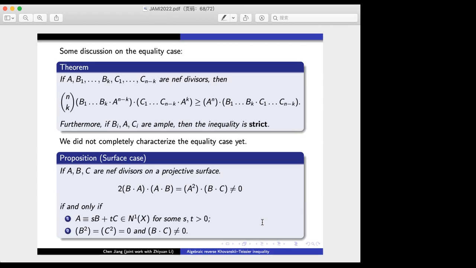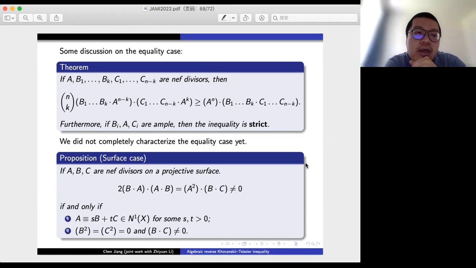Can you characterize the equality if you fix K, like K equals 1? Is that easier or something like that? Actually, I don't think so. I think if K is 1, I'm not sure, but I don't think so.